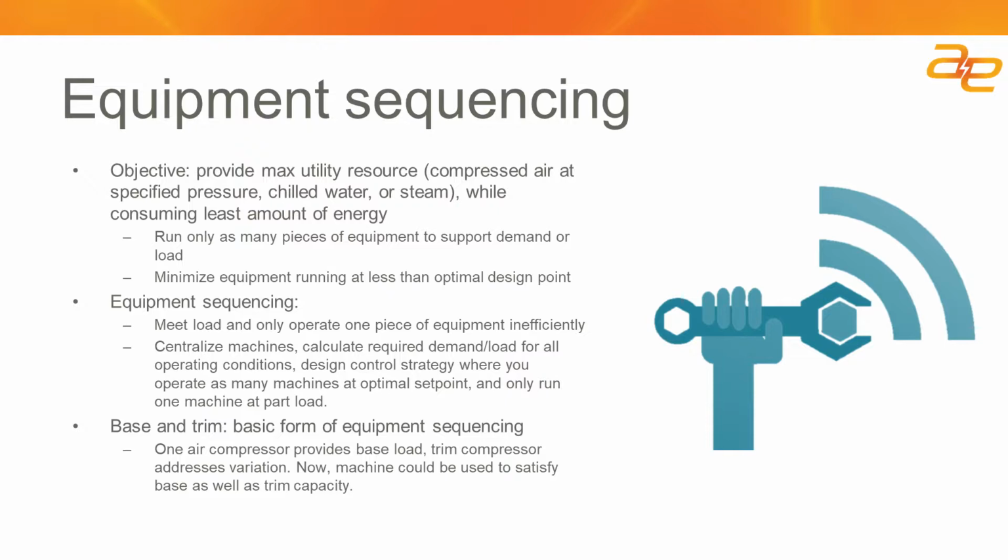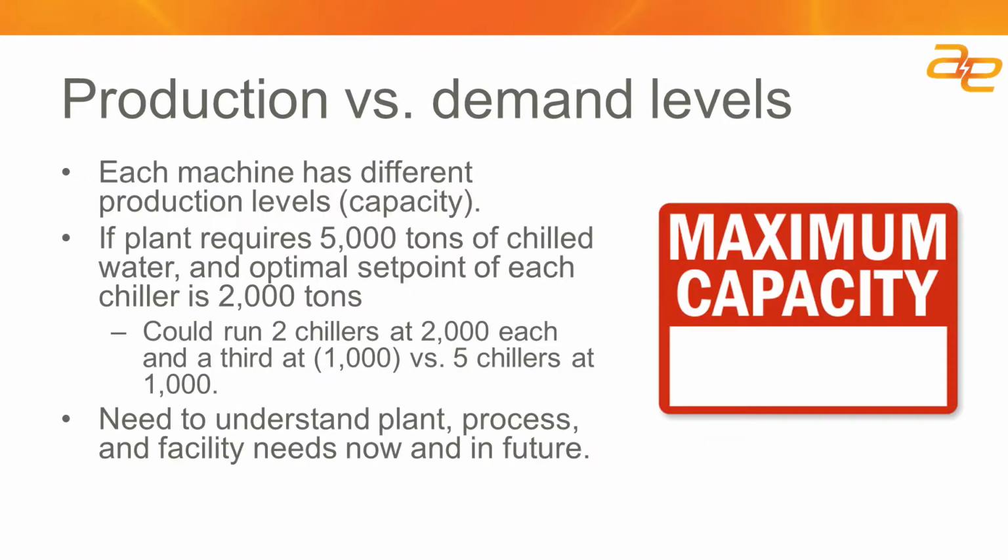But again, those are decisions that should be built in or thought of up front and require intent in your design. So in order to really implement a proper control sequence for equipment sequencing, it really does require understanding something about your facility in terms of its demand or its production levels.